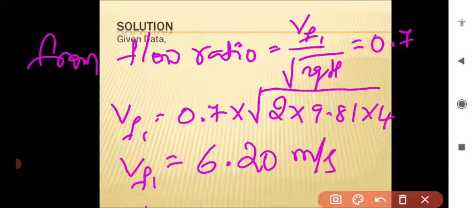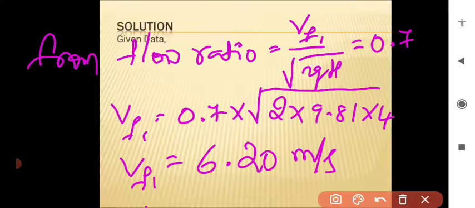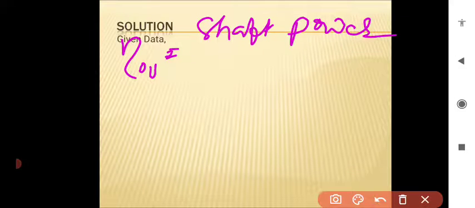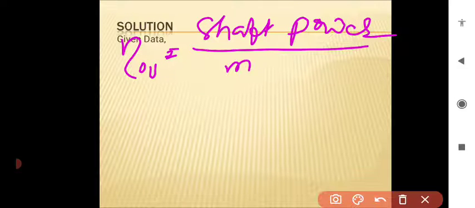And now from overall efficiency, which is equal to shaft power by mgh.